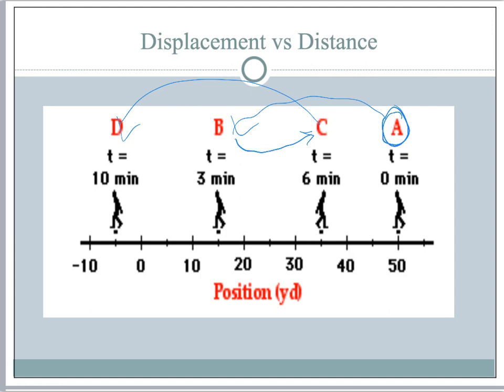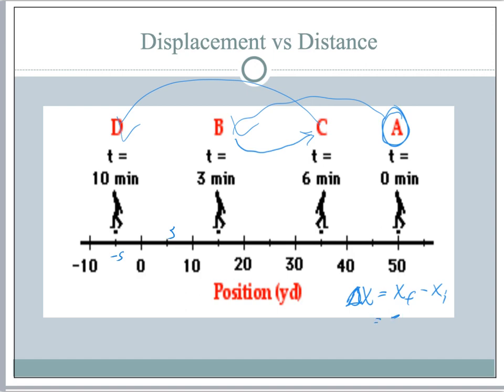The displacement, well, again, we're going to use our formula here. Change in position, that's supposed to look like a triangle, equals the final position. Well, what was his final position? Looks to me, if this is 10, and this is 5 yards, this is 0, this looks like a -5 there.